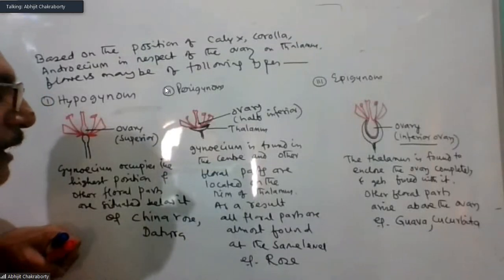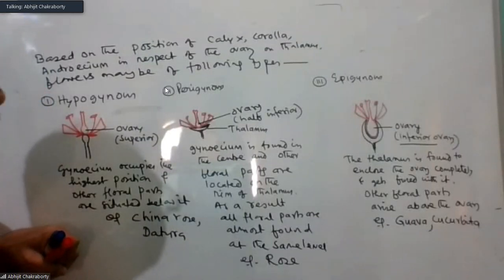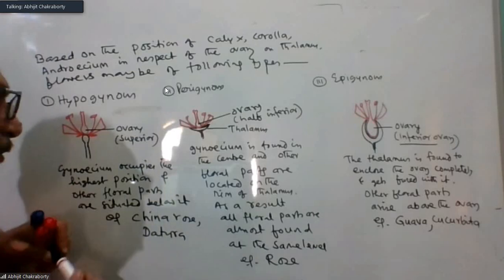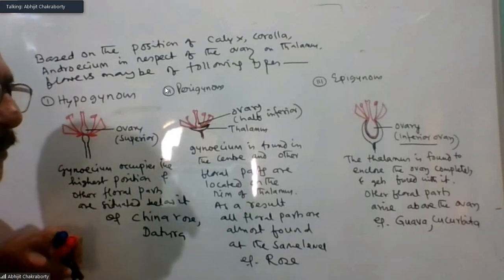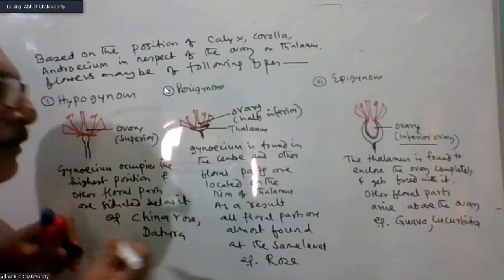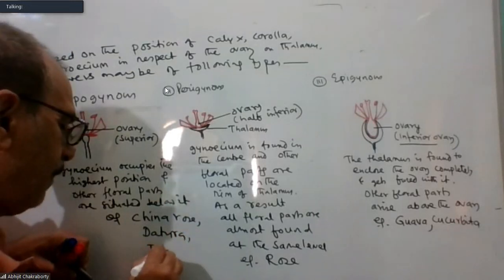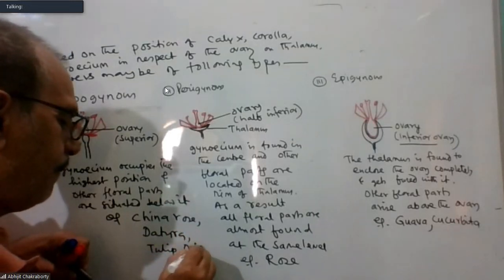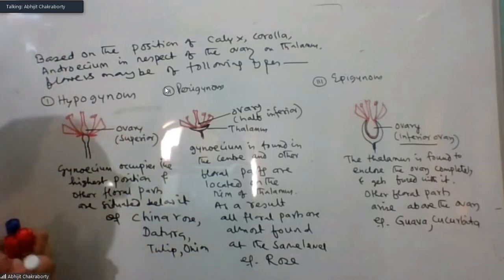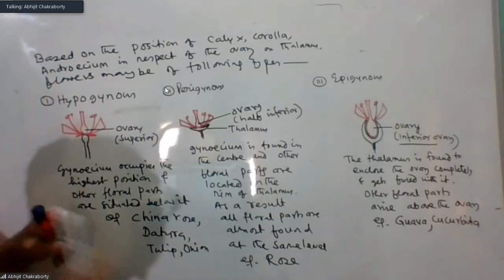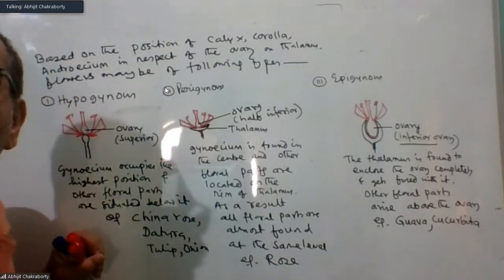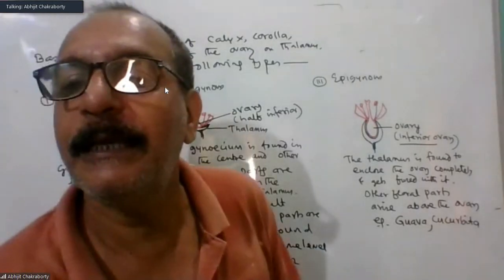Others you will get the superior ovary. Superior ovary you will get in some other cases also, in case of onion, in case of tulip. Here also you will get the superior ovary. So these are the three types: hypogynous, epigynous, and perigynous flower.